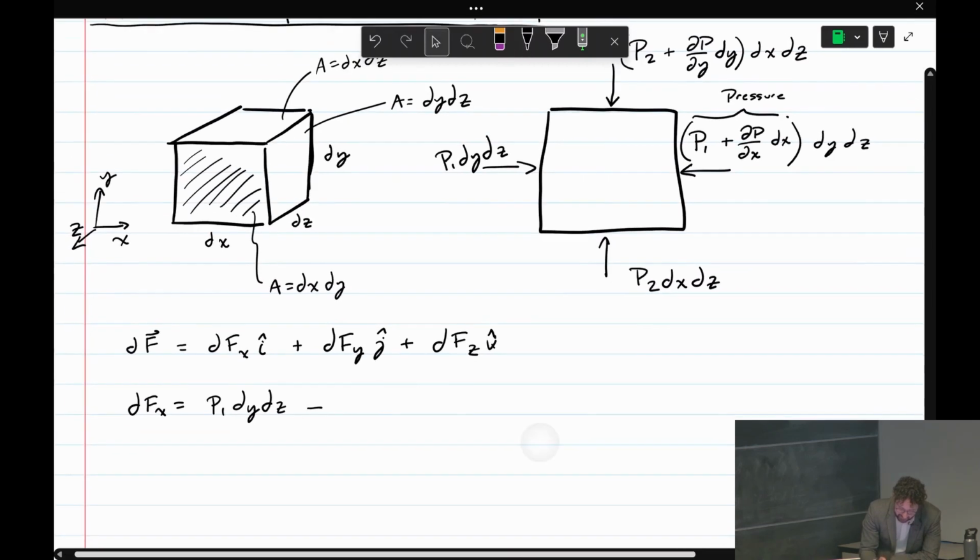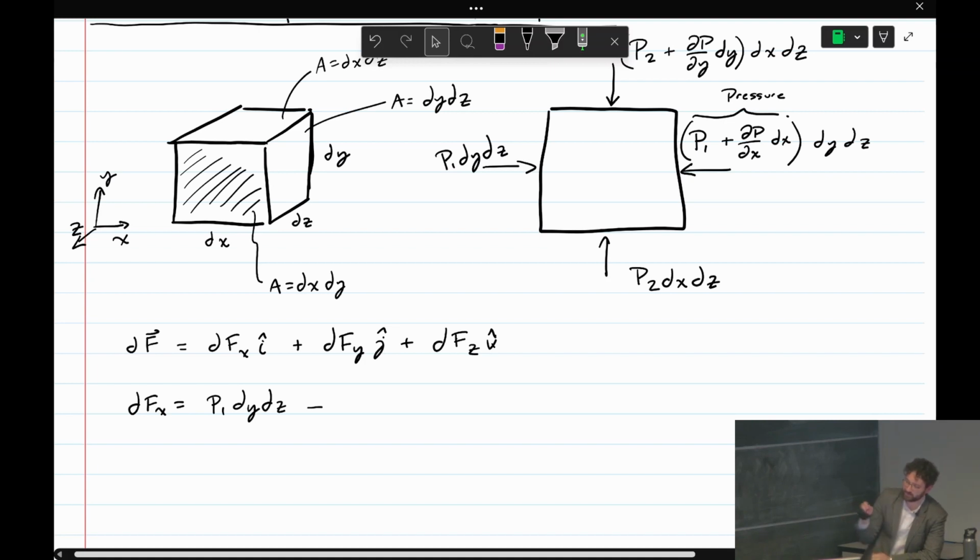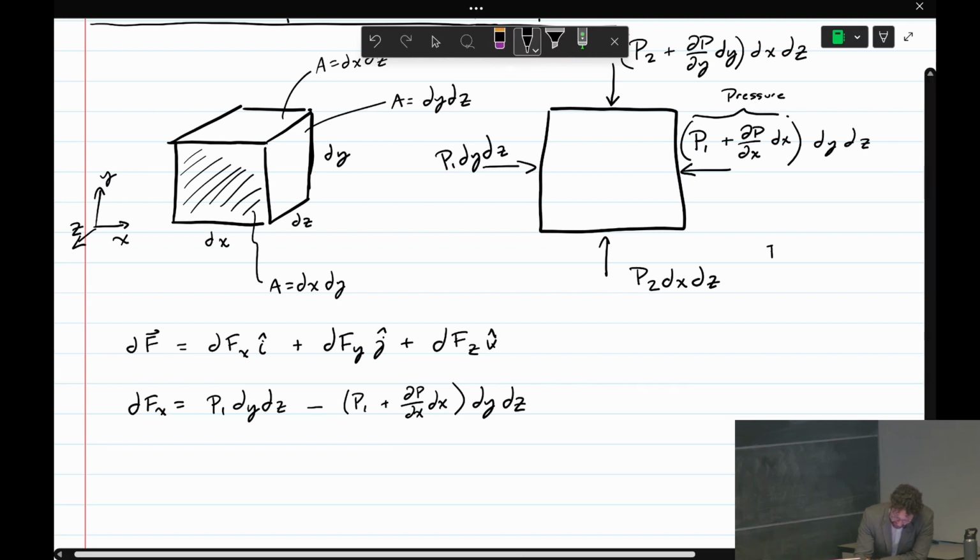The force on the other face is negative. Remember, pressure always acts normal to the face. In fact, it always compresses the face, so that's why I've drawn all the arrows compressing this cube. So minus P1 plus partial P partial x dx, times dy dz.